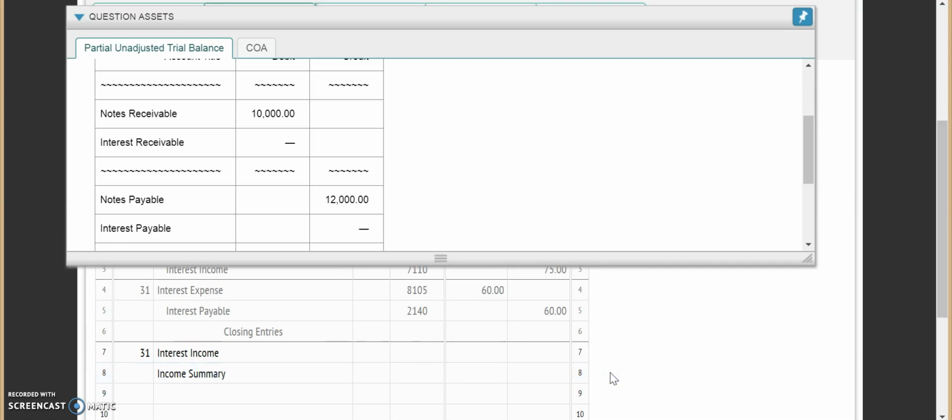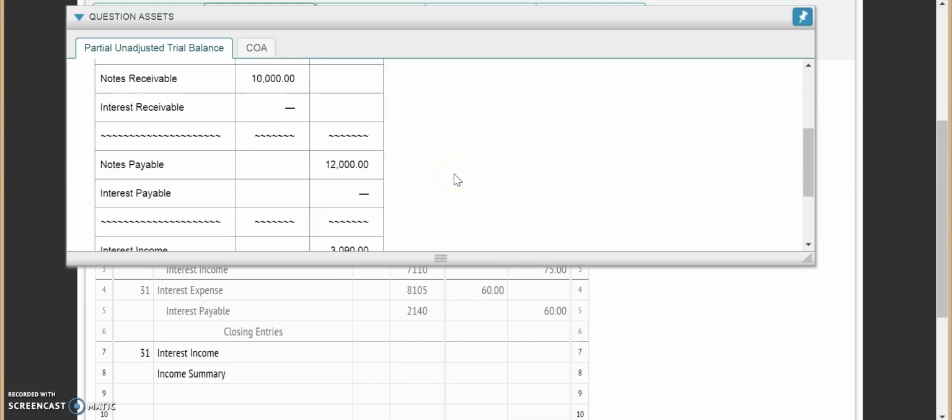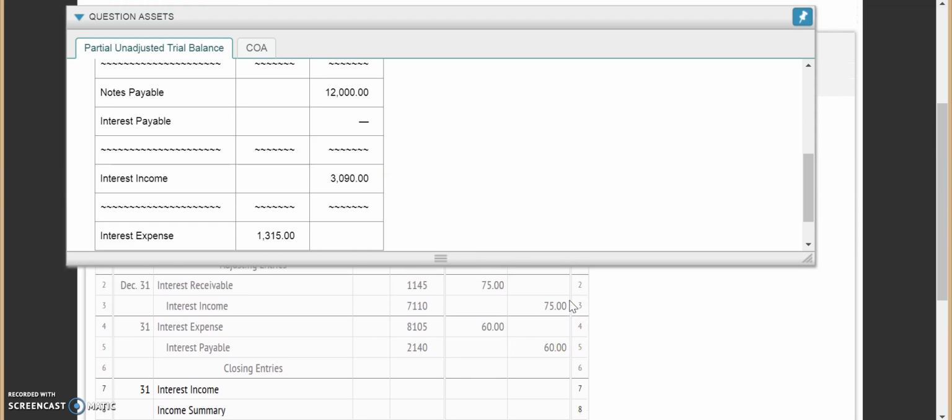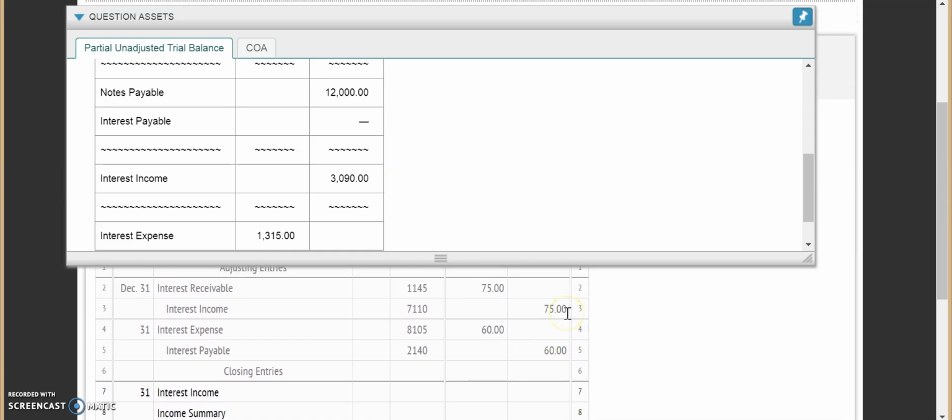Now, in order to find the amount of this, oh, we have an announcement here. We're going to keep going, okay? So if we come down here, our interest income is currently at $3,090. But remember that we had a credit to that of $75, so you need to add 75 to the 3,090.